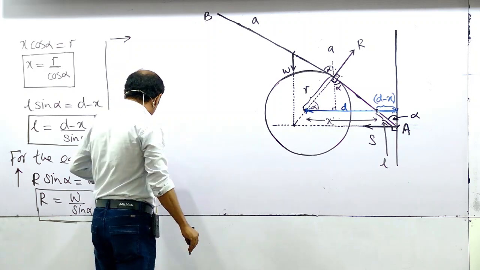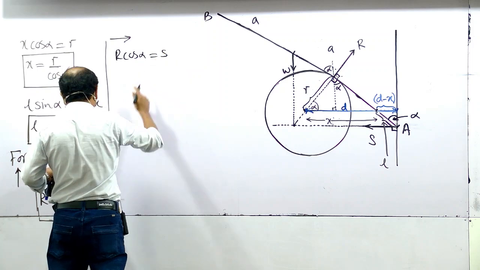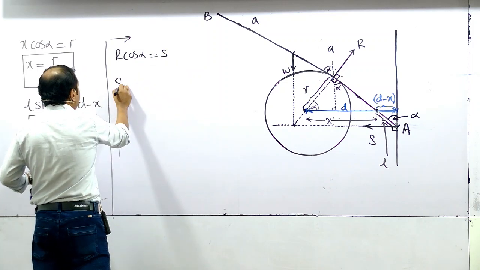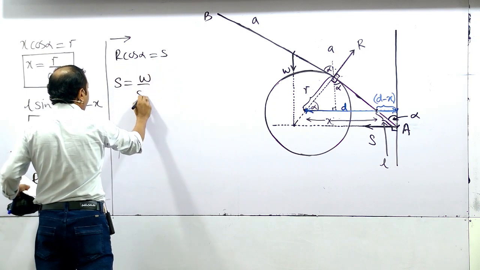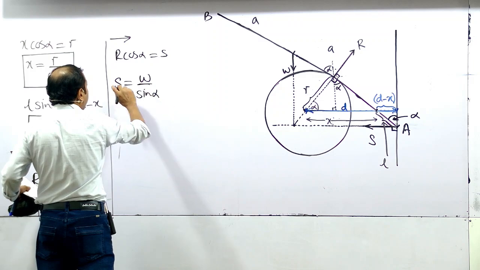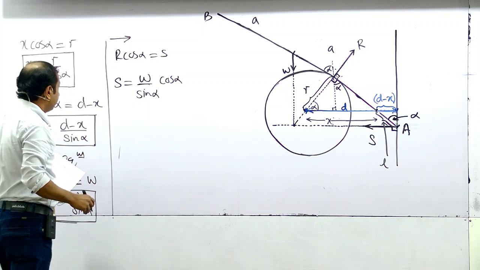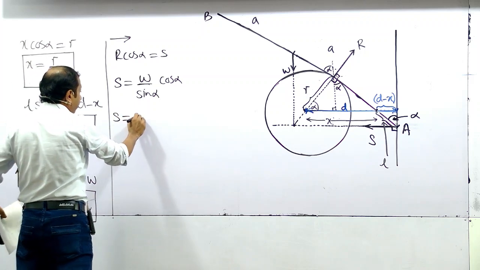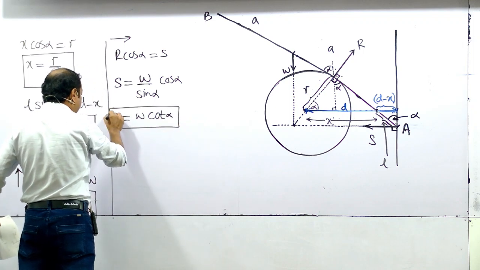R cos alpha equals S. Really, S equals R cos alpha, which is W over sin alpha times cos alpha, no? Right. This is S equals W cot alpha.